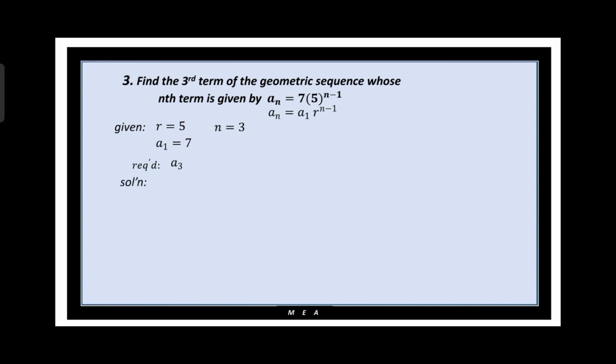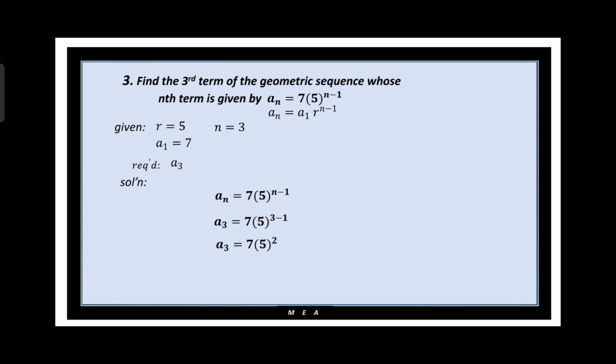So, solution. a sub n is equal to 7 times 5 raised to n minus 1. Substitute lang natin yung mga given values. So, yung a sub n magiging a sub 3 na. Okay, and then 3 minus 1 will become 2.